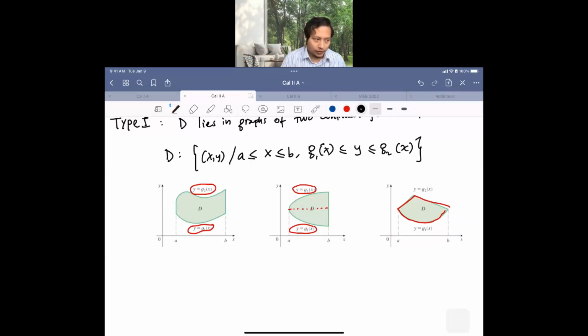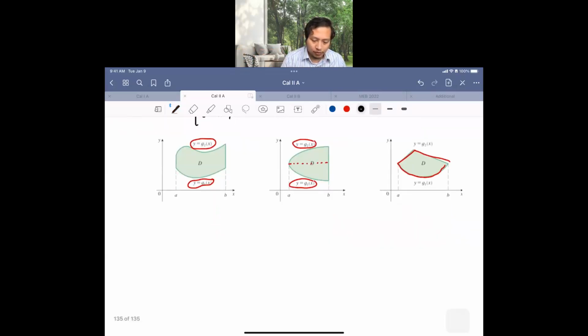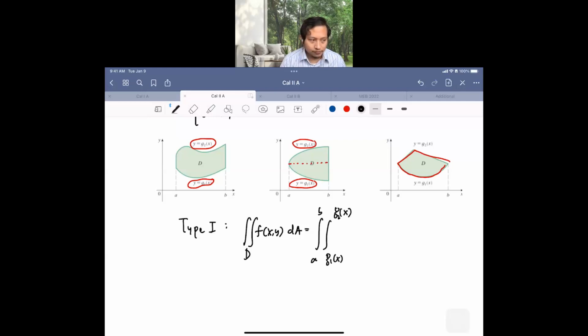So we can write down for type 1, D is x between a and b, and y between g1 and g2.